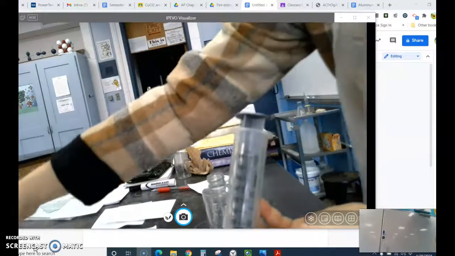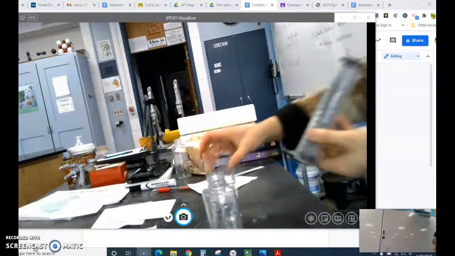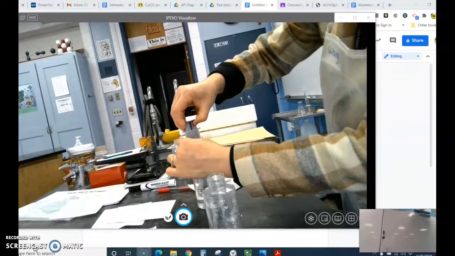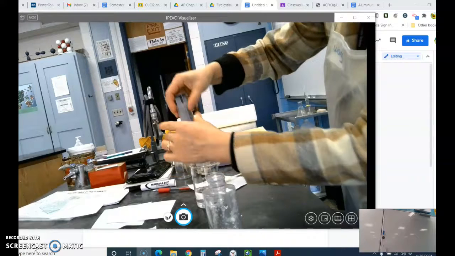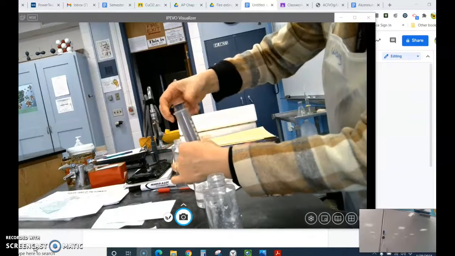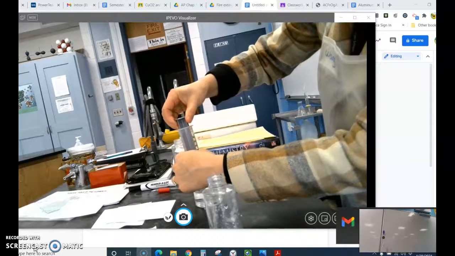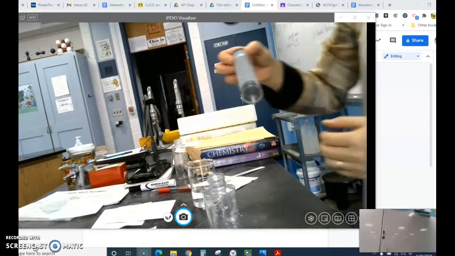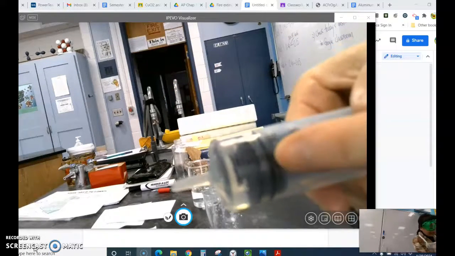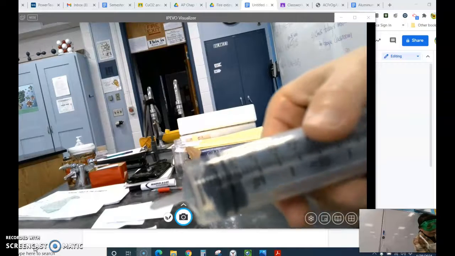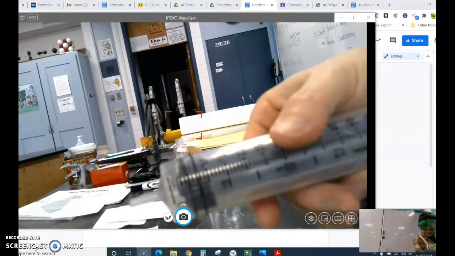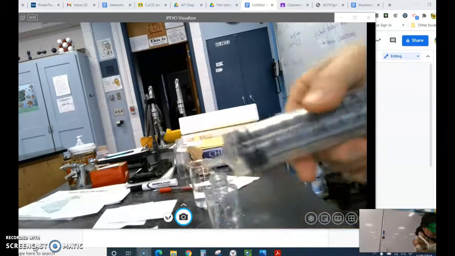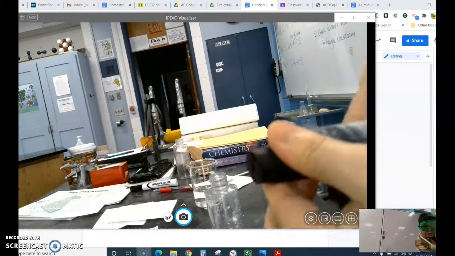I told you I'm going to use this for vinegar. I am measuring the vinegar. Now come see my front line. This one is at 5 milliliters.